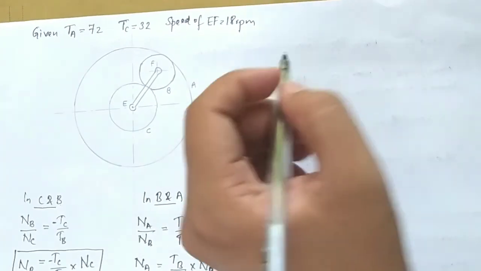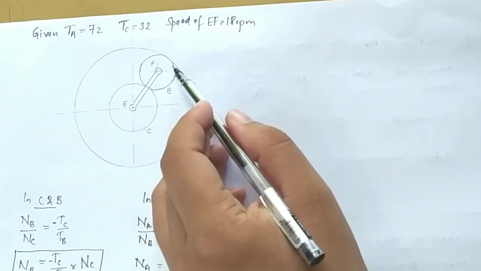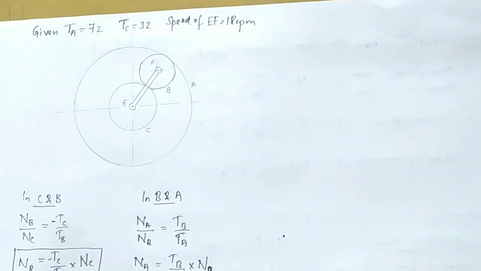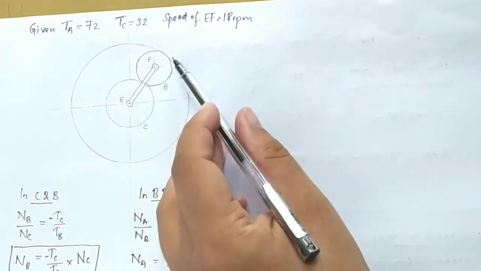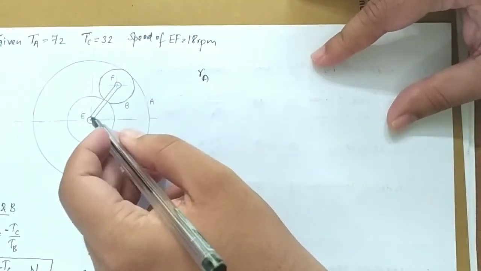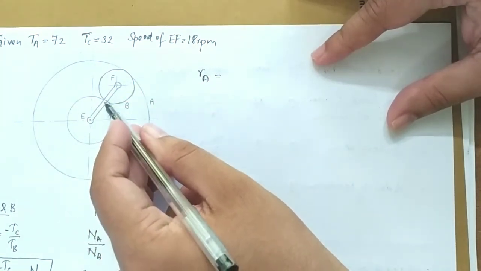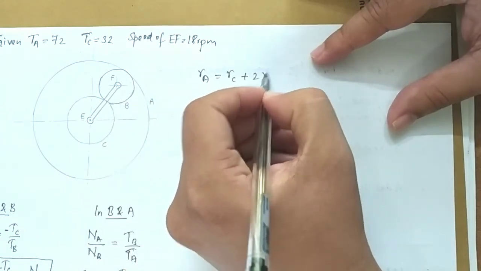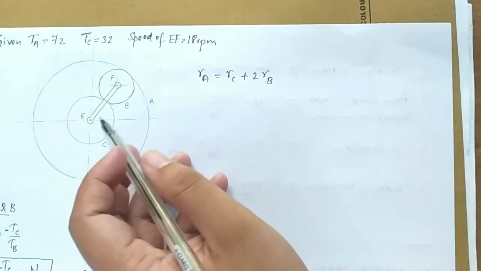In order to find that, we can take the geometry here. What is the radius? The value of radius is directly proportional to the number of teeth, which we have already seen in gear module. So how can you get this radius? I'll simply write RA, the radius of gear A. RA is nothing but RC plus 2 times RB.